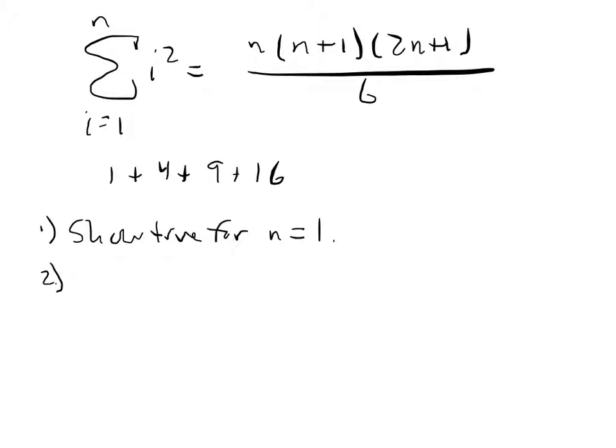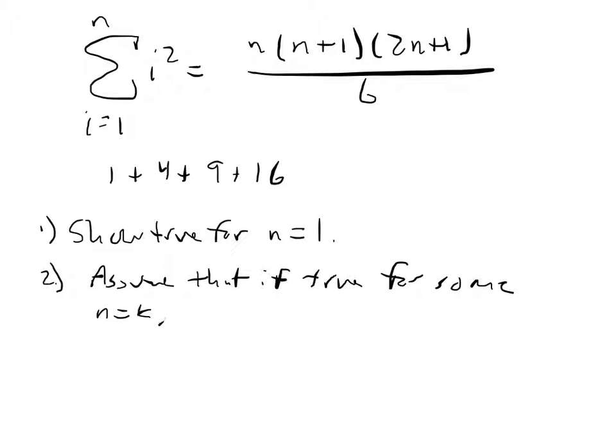And the second part is assume that if true for some n equals k out there somewhere, then true for n equals k plus 1.